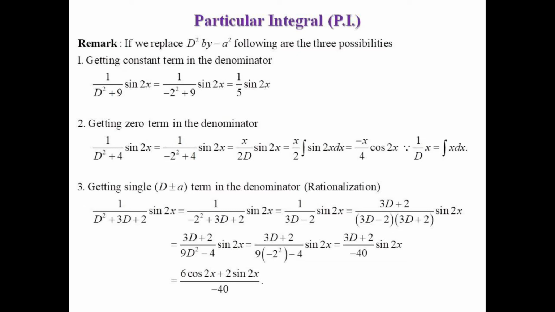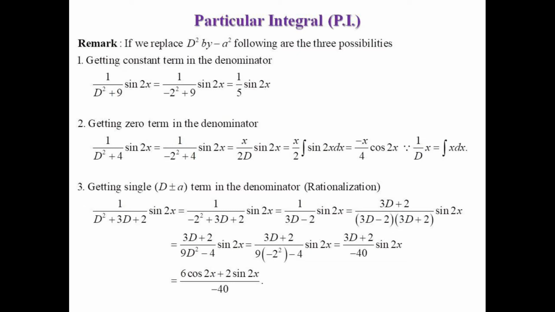After dividing and multiplying by 3D plus 2, we get 9D square minus 4 in the denominator, and the numerator is 3D plus 2. Then after getting D square in the denominator, we can easily replace D square by minus a square, and in this way we get a constant term in the denominator. The numerator D term can be removed by operating on sine of 2x.